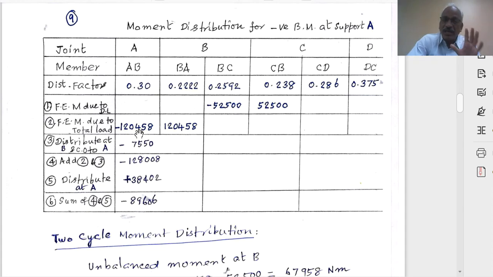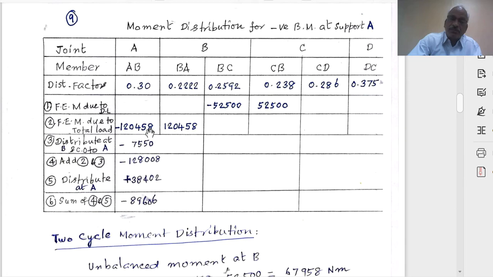If joint A is to be under equilibrium, the algebraic sum of all the moments at A must be equal to 0. Otherwise, the joint will not be under equilibrium. Therefore, to make it 0, we have to apply plus 120,458.